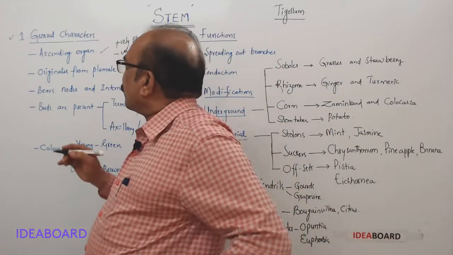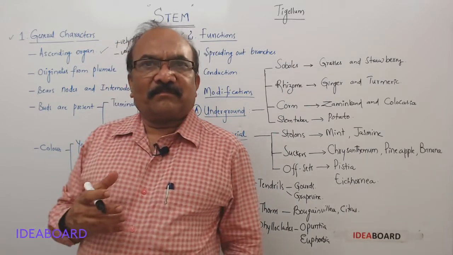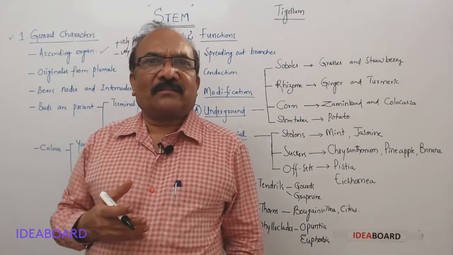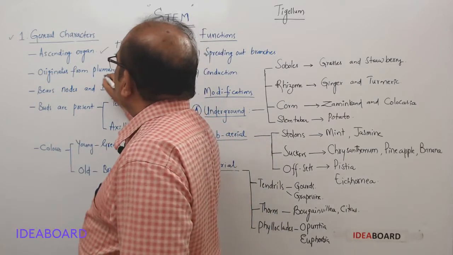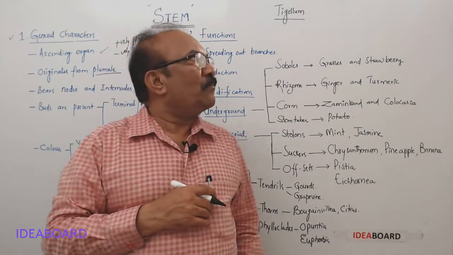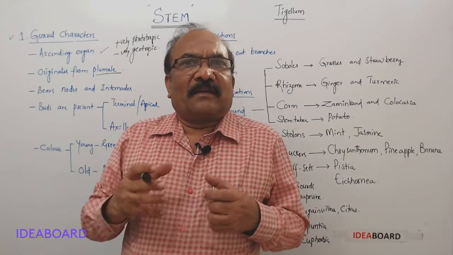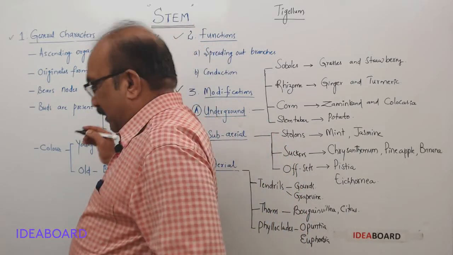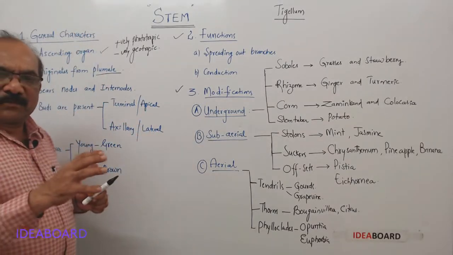Now, the second one: from where does this stem or the shoot system originate? The shoot system originates from the plumule of the embryo. Already I told you what is plumule and what is radicle. And what more differences will you find between the root and the stem?